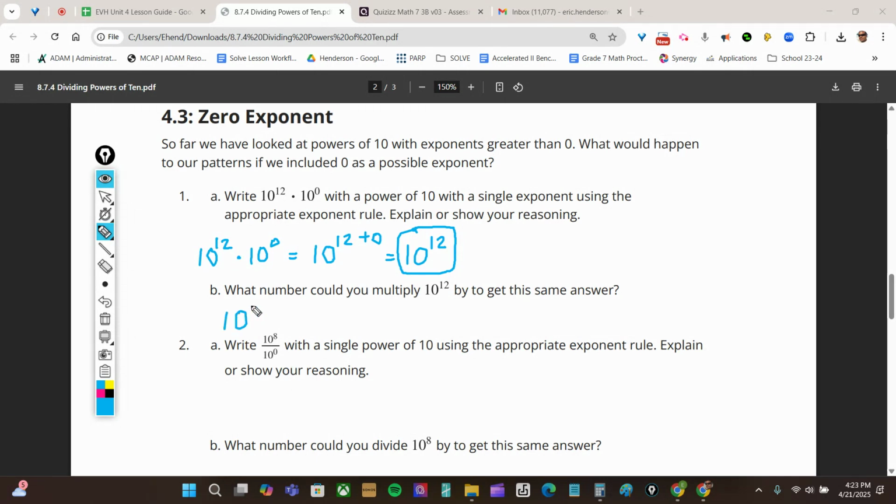Well, 10 to the 12 times 1 equals 10 to the 12. So 10 to the 12 times 10 to the 0 is equal to 10 to the 12 times 1, which equals 10 to the 12. So there's two ways of doing that.